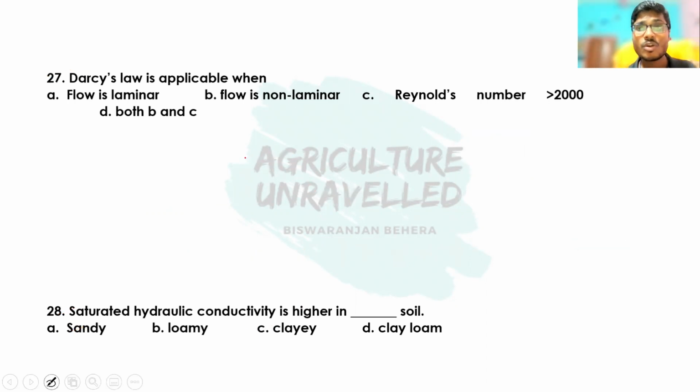Then what if the question asks only hydraulic conductivity, means it has not mentioned whether it is saturated or unsaturated hydraulic conductivity? In that case, the correct answer will be sandy soil. Okay, the sandy soil has higher hydraulic conductivity than the clay soil.